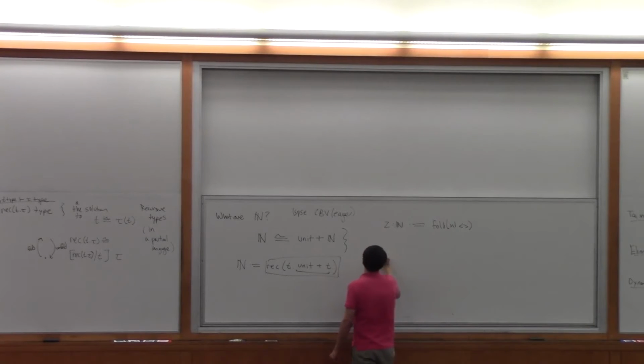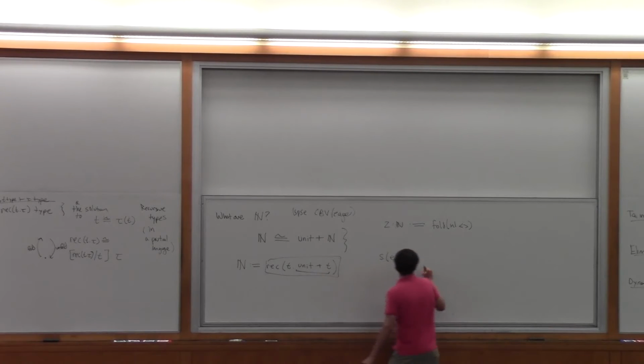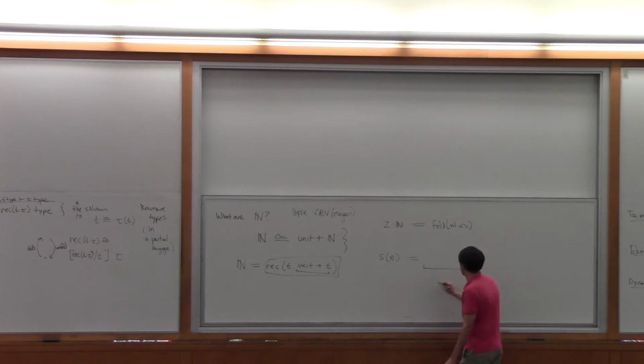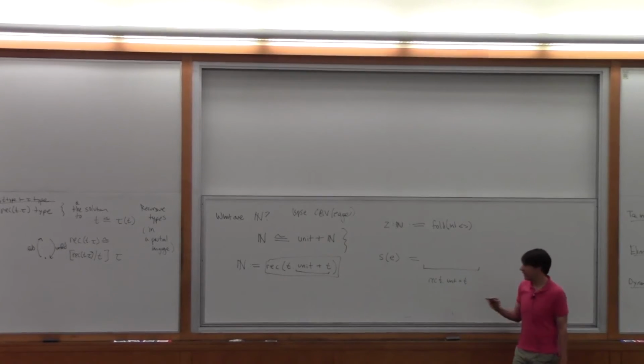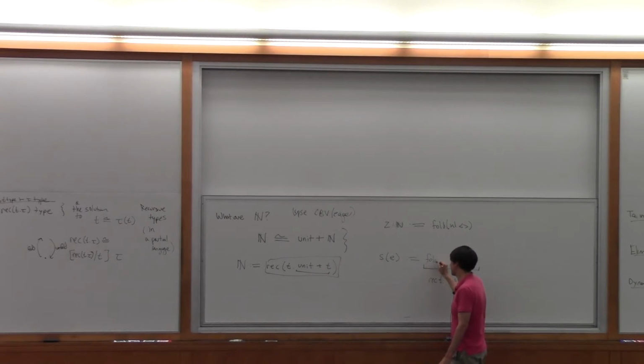What value of this type represents successor of E? Well, what we're trying to come up with is something of type rec t dot unit plus t. If I apply the fold constructor, what's the expected type of the inside? I take the very type I'm trying to construct.